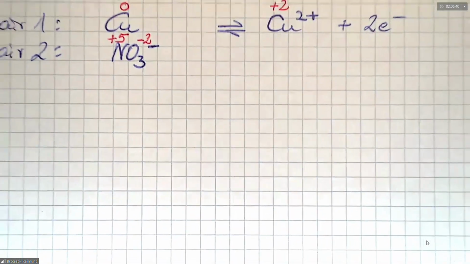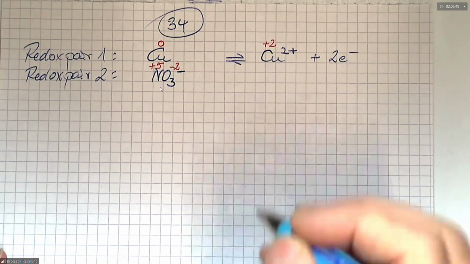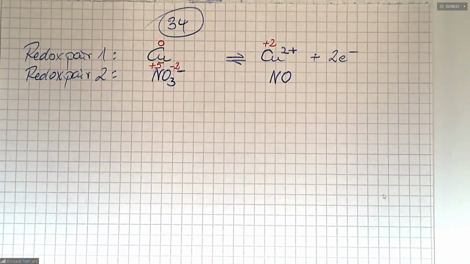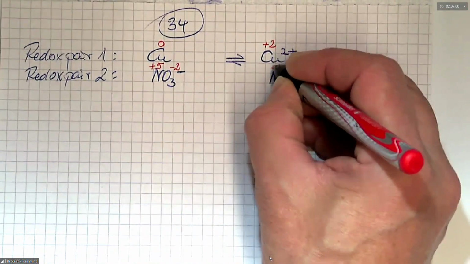Here, we are not sure what happens. So I always will give you an example if you have to create the redox pair 2. And let's say we end up at NO. For example, what is the oxidation number in NO? We already said +2.